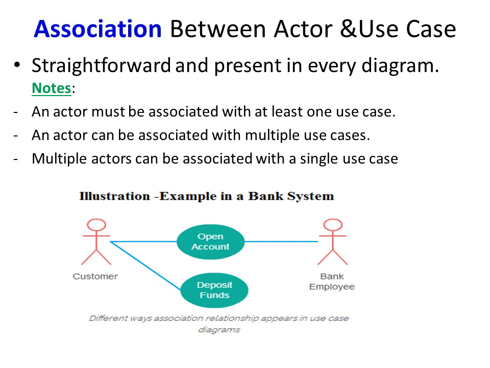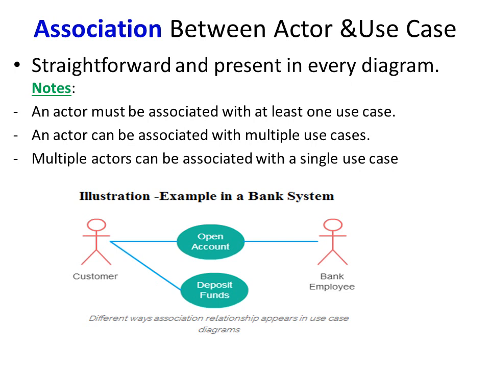And it could be an actor associated with multiple use cases, as you can see in this diagram. Like the customer, this is an actor, associated with 2 use cases, open account and deposit funds, whereas the bank employee is associated with one use case called open account.